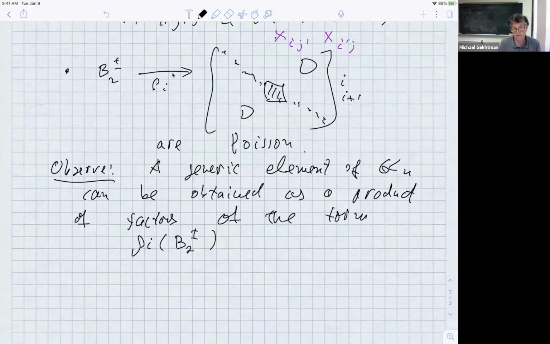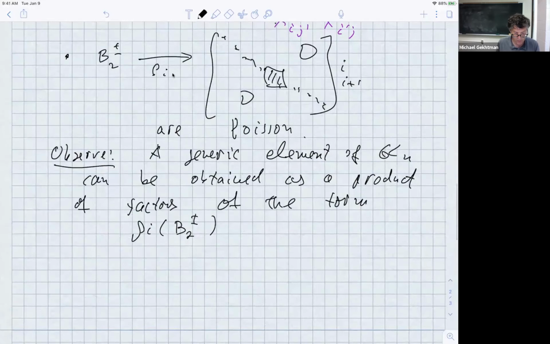I will illustrate it with a picture, but this hints at the possibility to find different coordinates on GLn that will have this nice property of being log canonical, and maybe to do it not in a unique way.